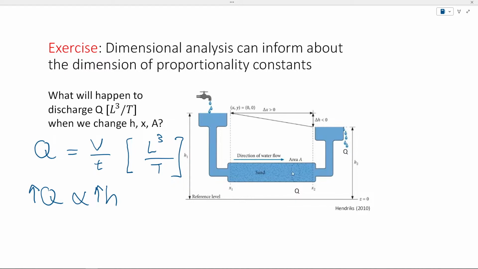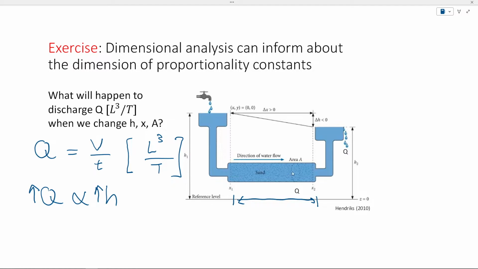What would be the other factor? The other factor would be the distance, this column length here. The smaller the distance, the more Q you will get, and the larger this distance, the less Q you will get.